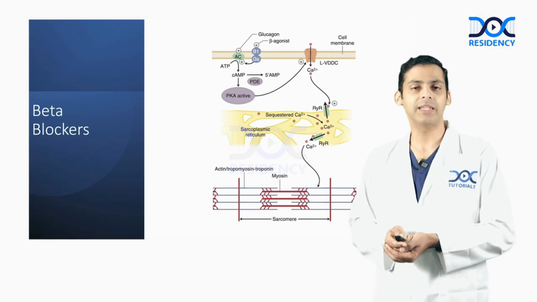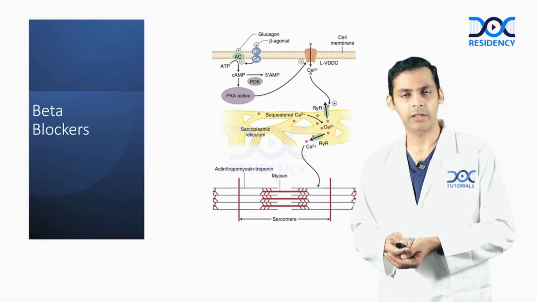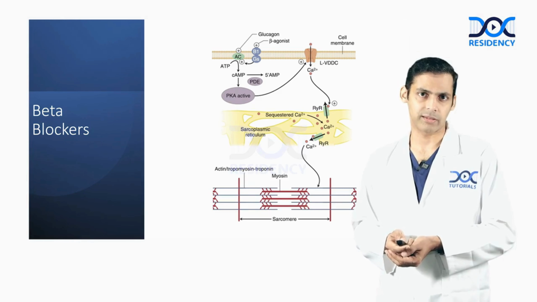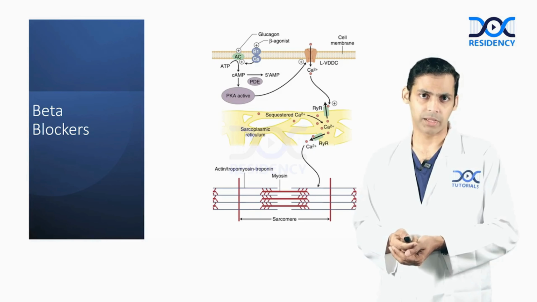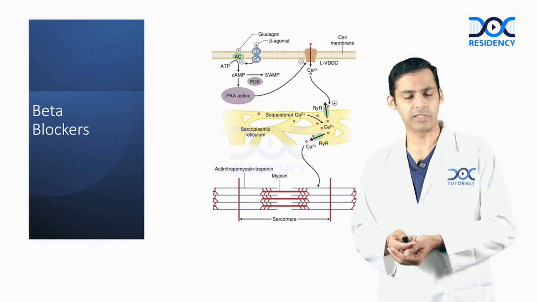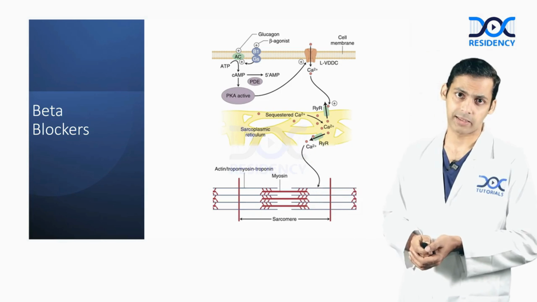Beta receptors are bound to Gs proteins, stimulatory G proteins. Whenever a beta agonist binds to the beta receptor, especially beta 1 receptors on the myocardium, it stimulates the Gs protein. Gs protein in turn activates an enzyme called adenylate cyclase.